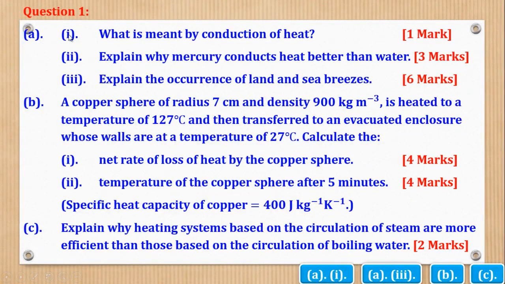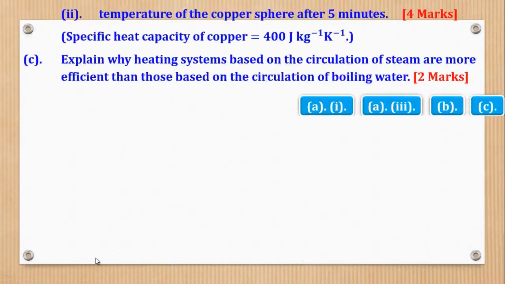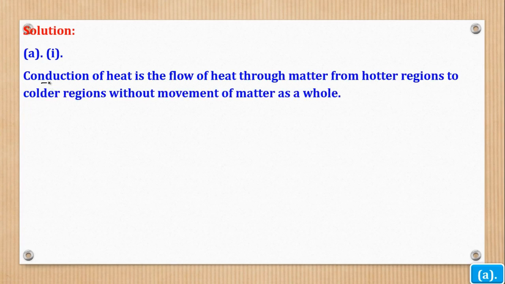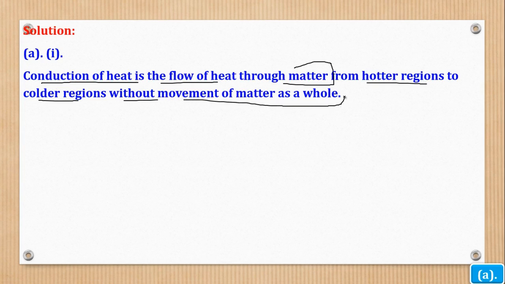Question 1 part A Roman 1 says, what is meant by conduction of heat? Here we shall see that conduction of heat is the flow of heat through matter from hotter regions to colder regions without movement of matter as a whole.